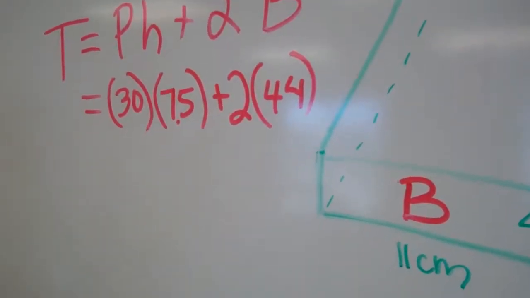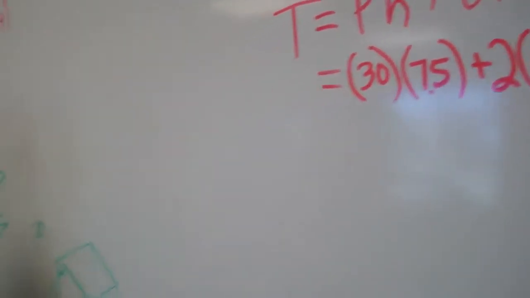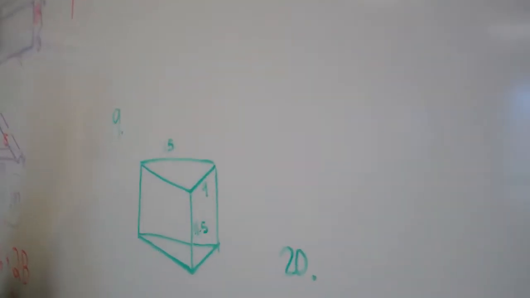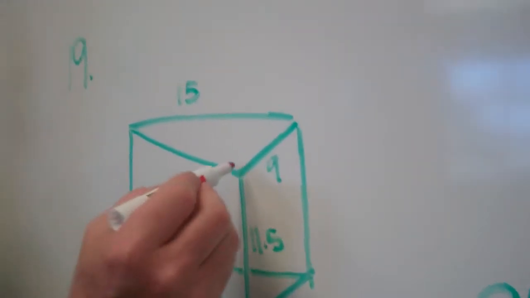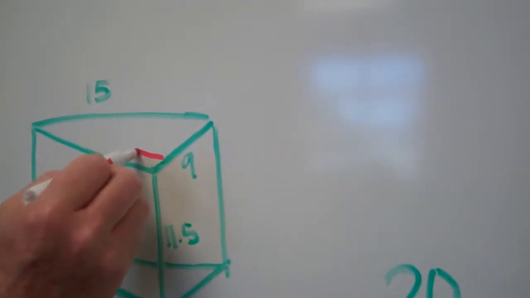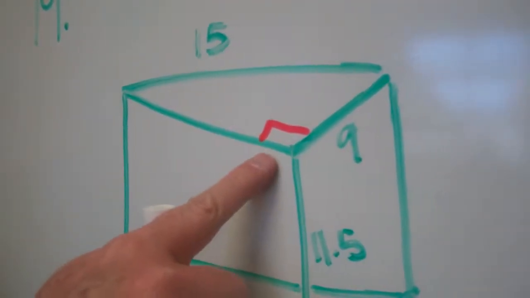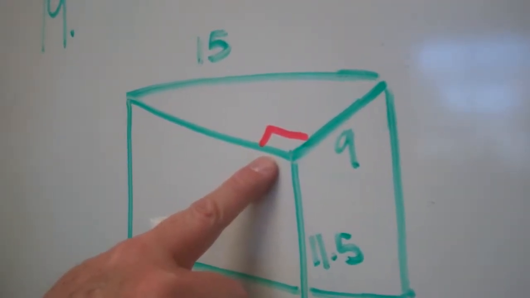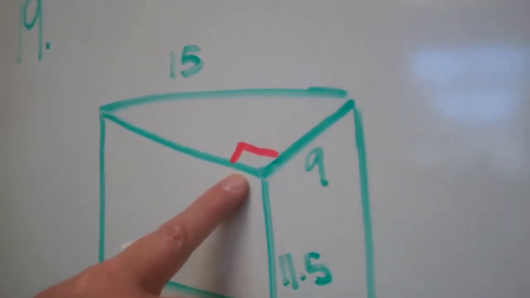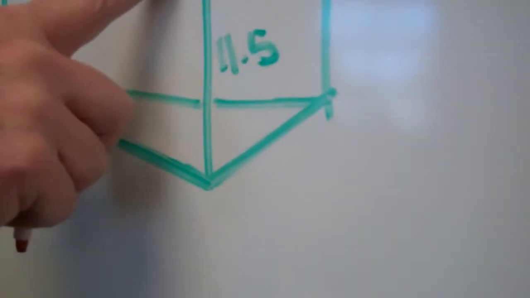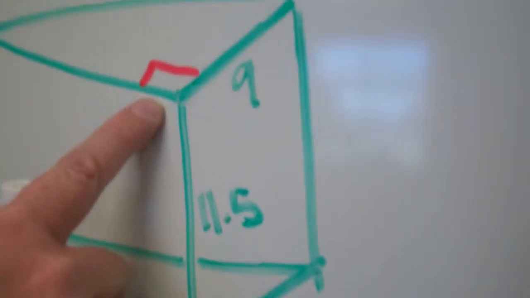Moving on to 19, because these people want to see this done. Is there a right angle right here for this one? Did I put that in there correctly? Yes, it sure is. Liz confirms this.